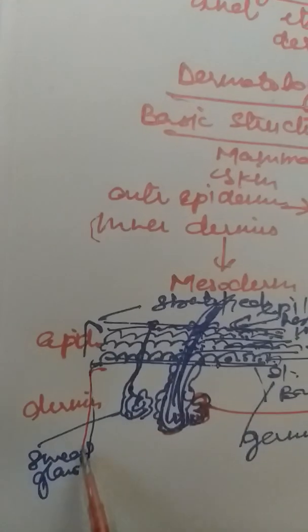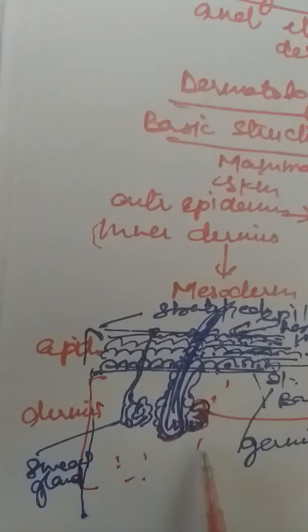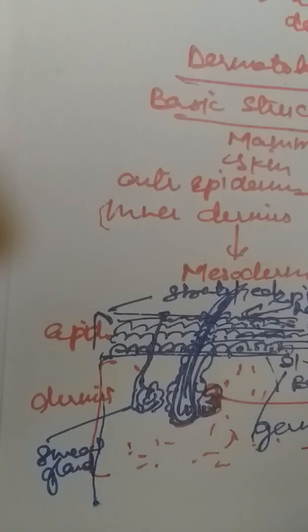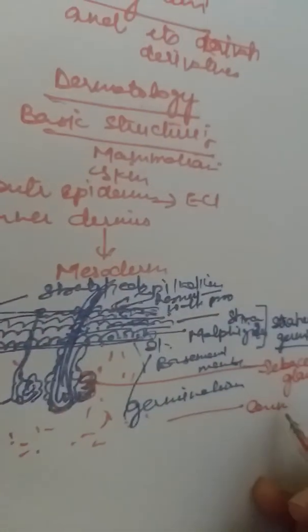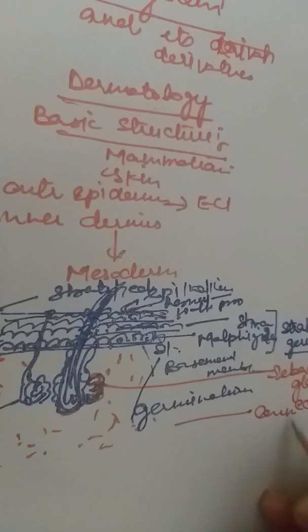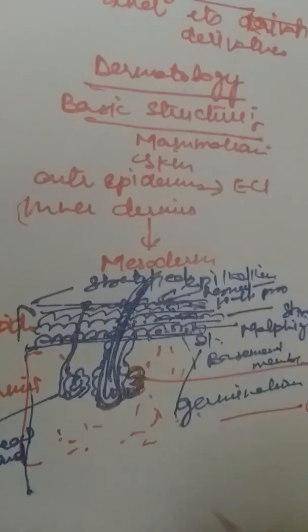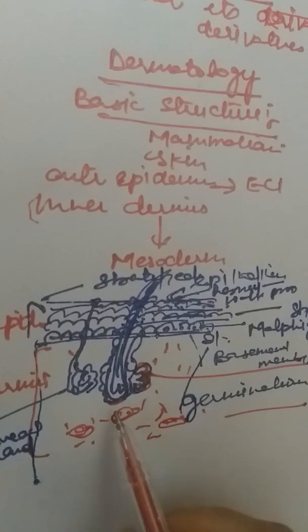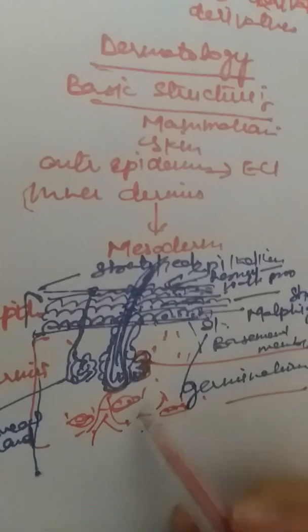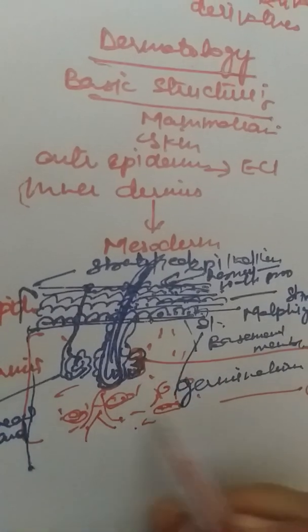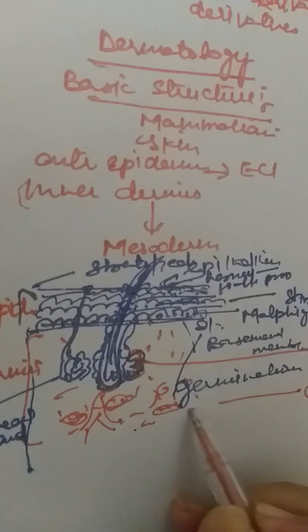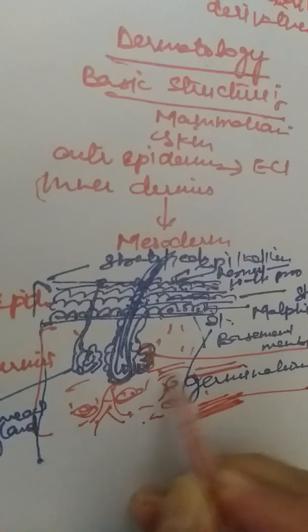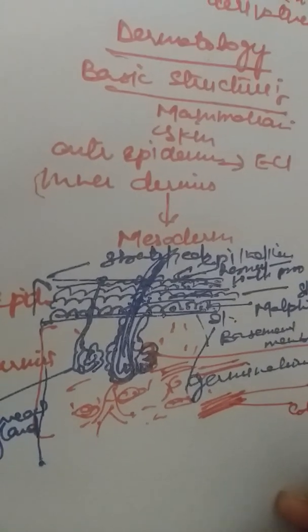So this is the basic structure of the epidermis, whereas the lower layer is the dermis. The dermis proper is composed of connective tissue, and here lie a number of lymph vessels, nerve endings, and of course bundles of collagen fibers like this.